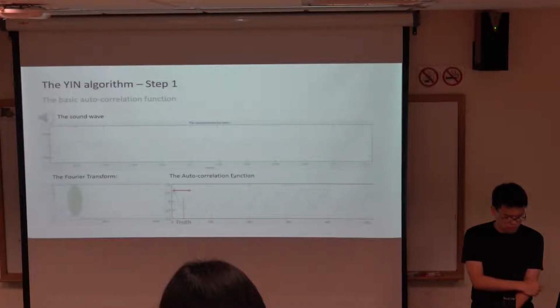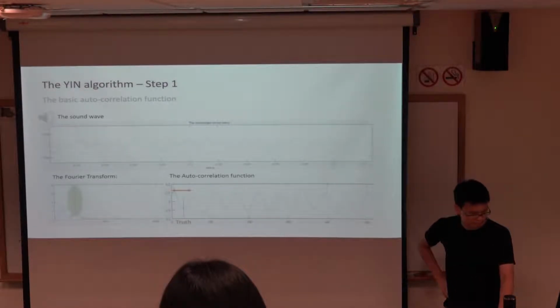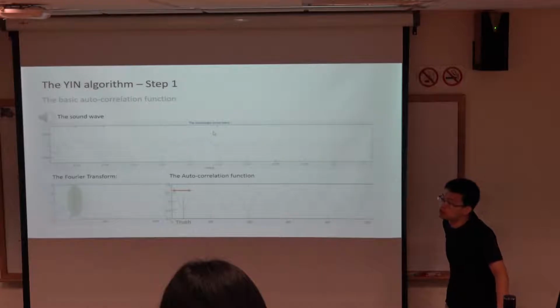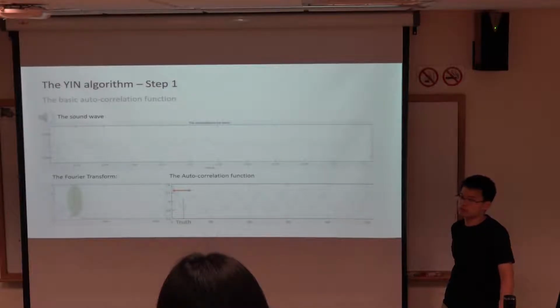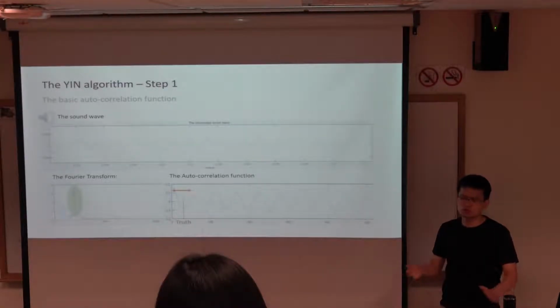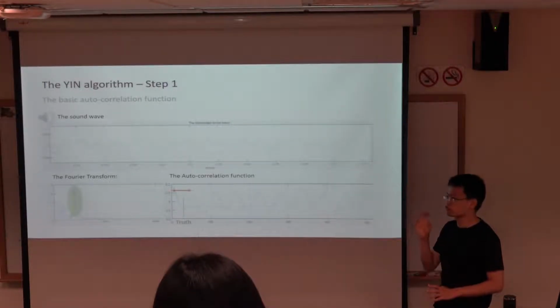Okay, so that's the problem of autocorrelation function. If you want to use autocorrelation function to detect the fundamental frequency, you always meet with these problems. So basically, people will choose a frequency range.